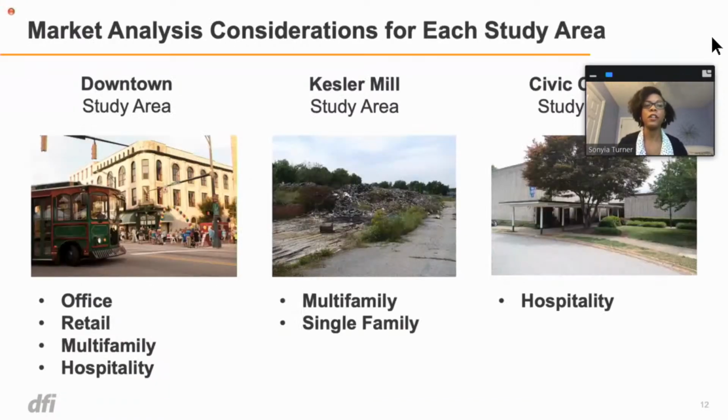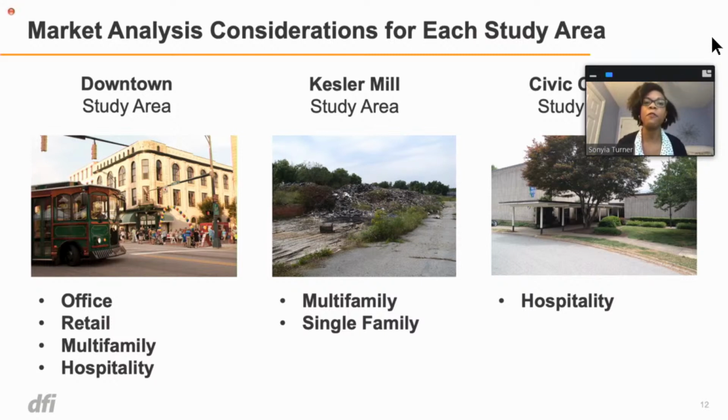So as we move on, as I've mentioned, we're looking at 5 specific uses, and this is how those uses are being viewed in light of the different study areas. So for downtown, as we walk through these different areas, we invite you to keep in mind that we're thinking office, retail, multifamily, and hospitality.